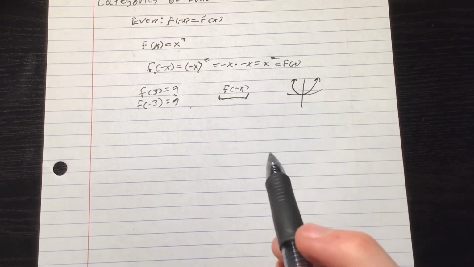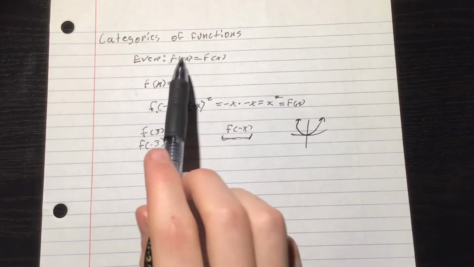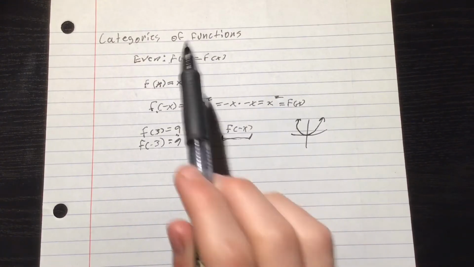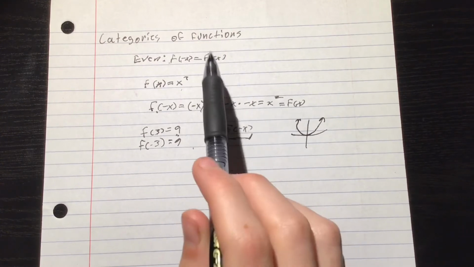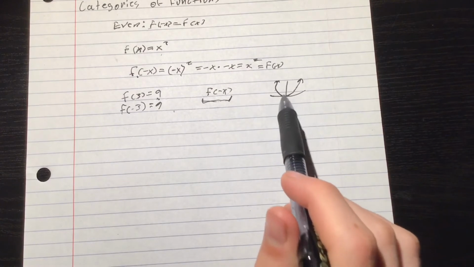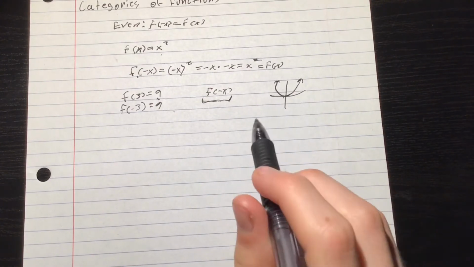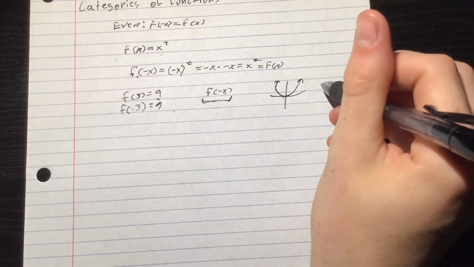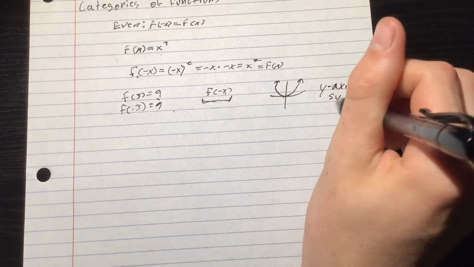Even though my drawing skills are lacking, you can see that f of negative x, or the reflection of f of x over the y-axis, is the same thing as f of x, what we started with. So reflecting this over the y-axis doesn't change it, which is another reason that it's even. And even functions, you'll see this sometimes, have y-axis symmetry.